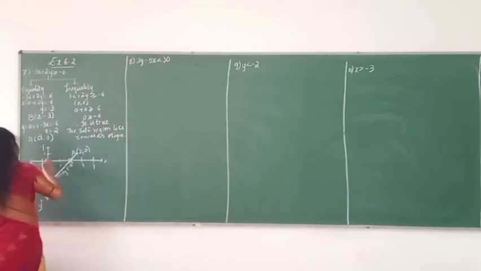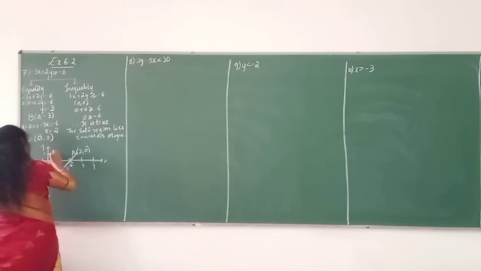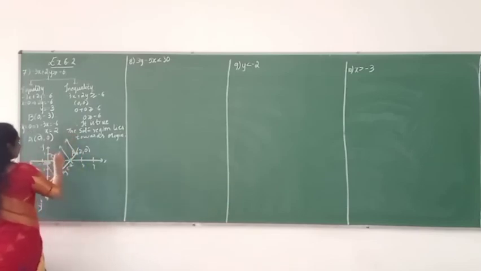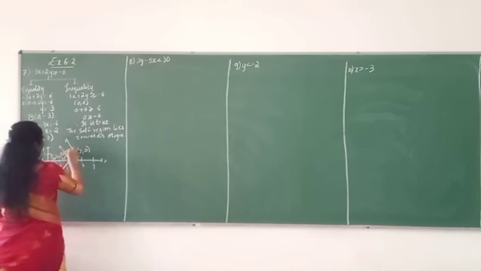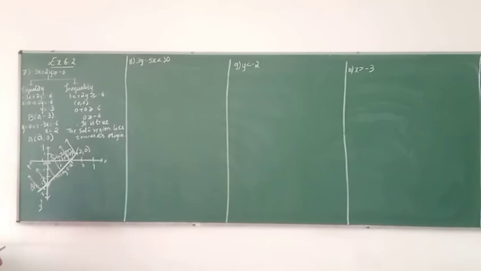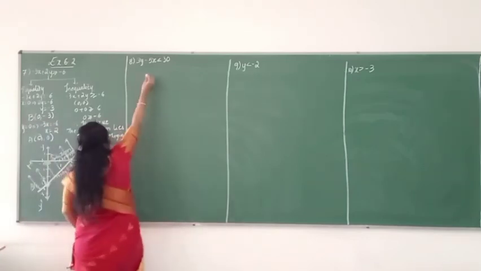So it will be towards 0. So this is your solution region. This is the graph for minus 3x plus 2y is greater than or equal to minus 6. Hope you have understood. Now let us move on with the next problem.